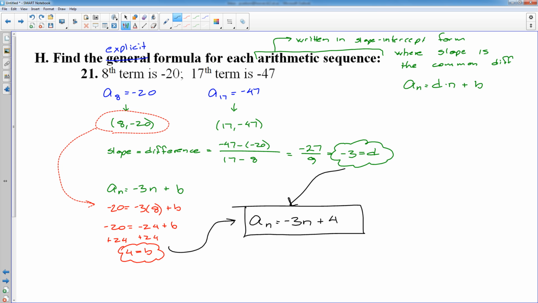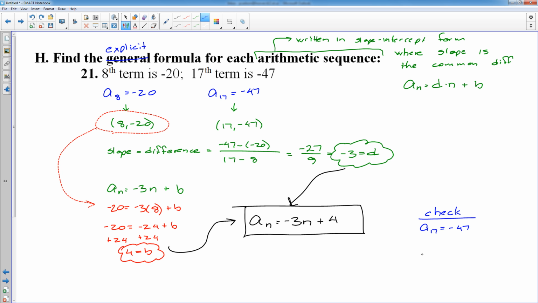There's your answer. Now what I would do is check that very quickly. The way we'll check it is we're going to plug in the other ordered pair. We used 8 and negative 20 to get b, so I'm going to test it with 17 and negative 47. a sub 17 should be negative 47.